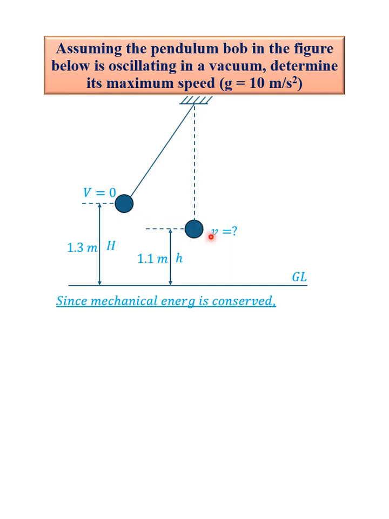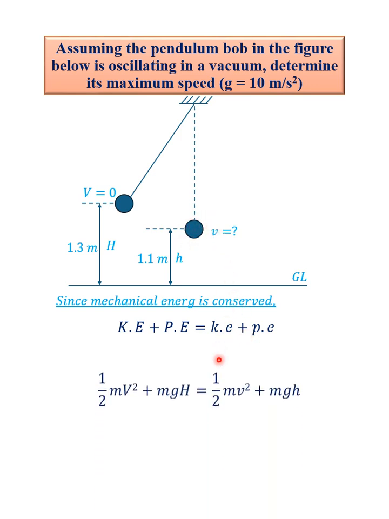Similarly, here, the body possesses both kinetic and gravitational potential energy. So we can say kinetic energy KE plus potential energy PE equals KE plus PE. The uppercase represents the energy here, while the lowercase represents the energy here.